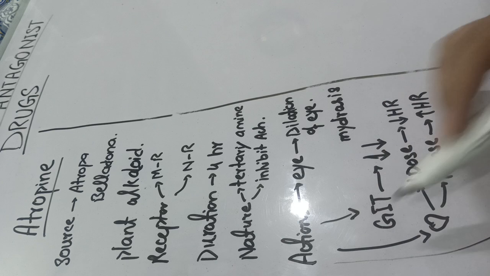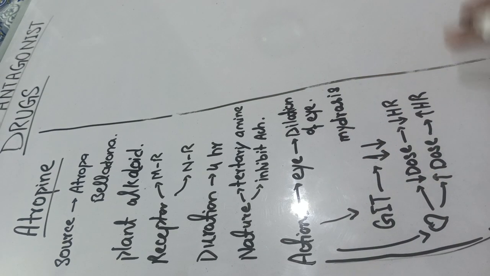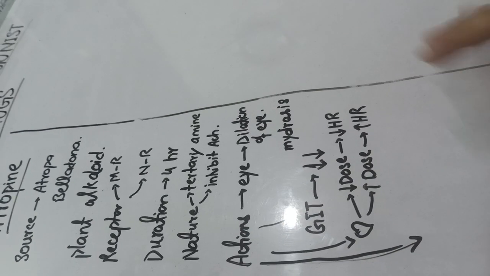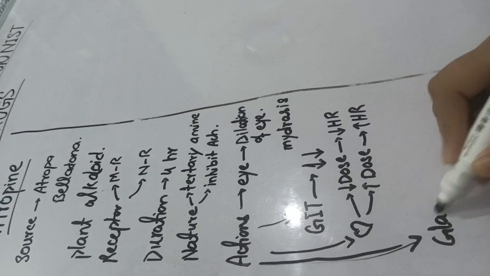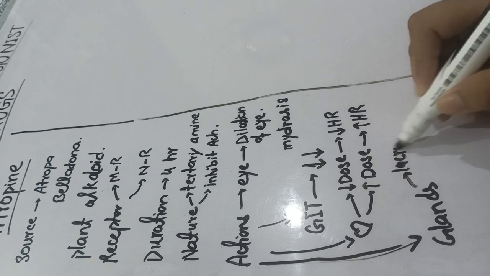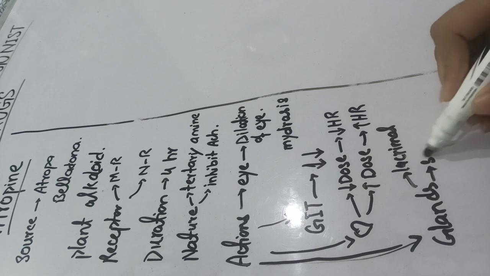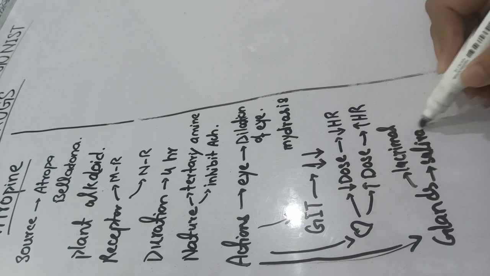The last action of atropine is on some glands. We have mainly three kinds of glands in our body. First is lacrimal, which produces tears in our eyes. Second is the salivary gland, which produces saliva.